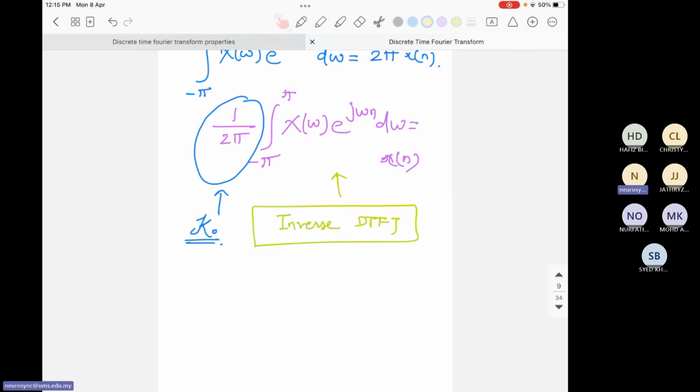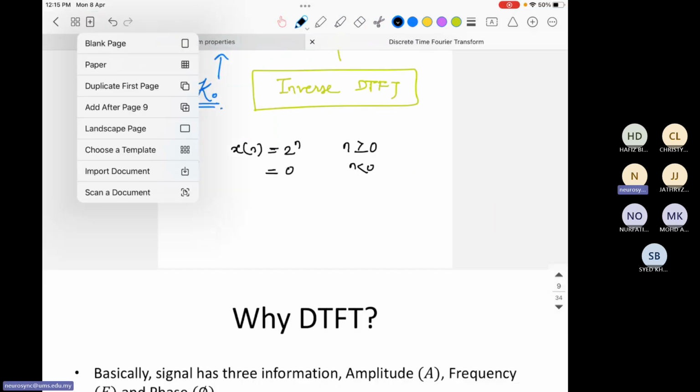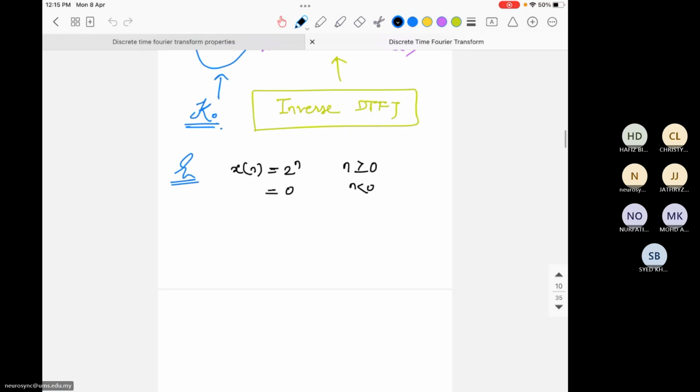Now, for example, if you take the sequence x of n equal to 2 to the power n for n greater than or equal to 0 and 0 otherwise, and apply the discrete time Fourier transform to it, what is the formula? I want X of omega from x of n.